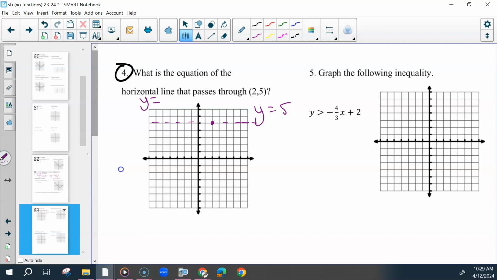If you did x equals 2, that would be a vertical line, and that would not be your answer. So you could have looked at the graph, you didn't need it. But your answer was y equals 5. Questions on that one?